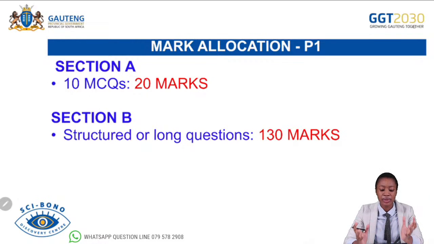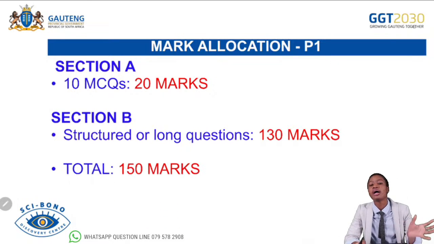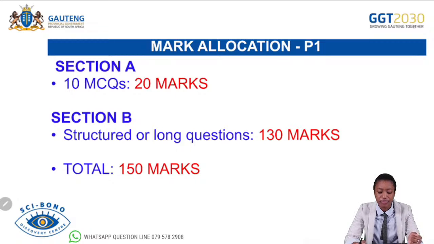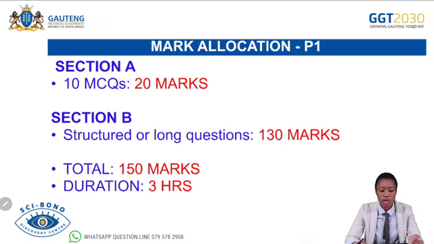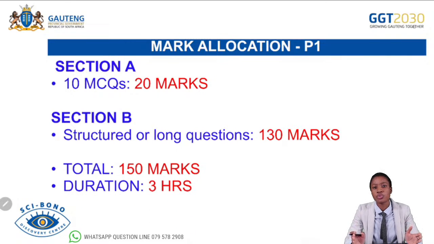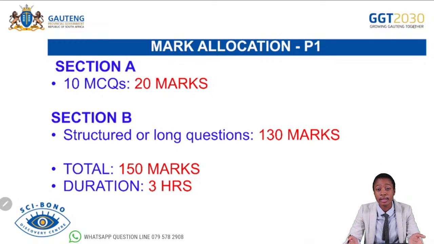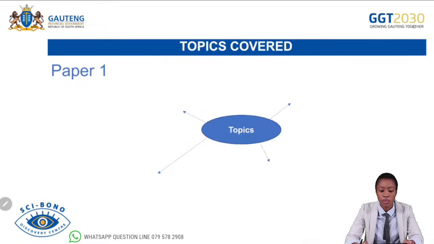Section B, your structured or long questions, is around 130 marks and will cover everything altogether. The total mark for your final exam is, of course, 150 marks, and this will be done in about 3 hours. So please, when it comes to time management, make sure that you allocate enough time per question.